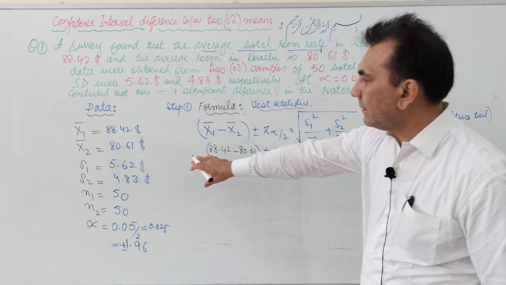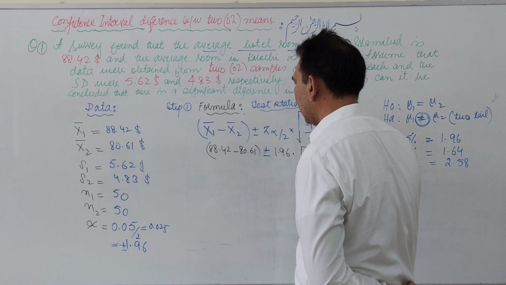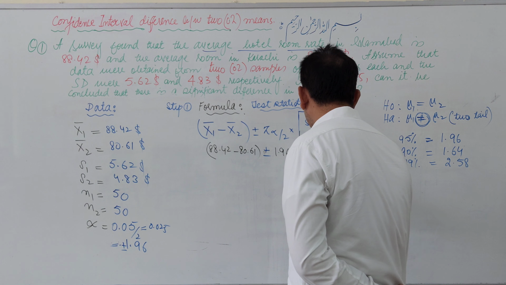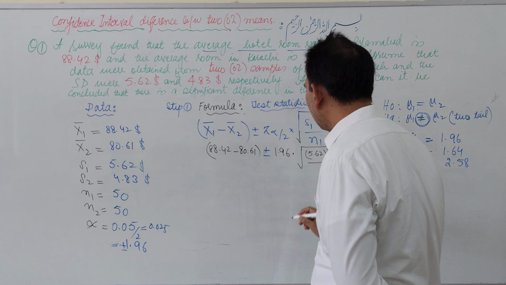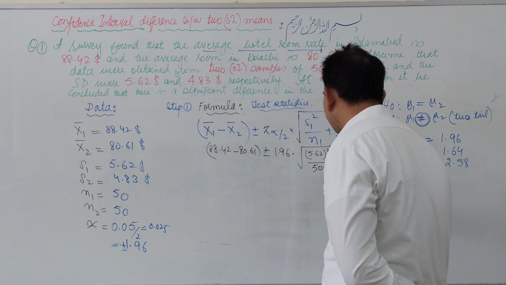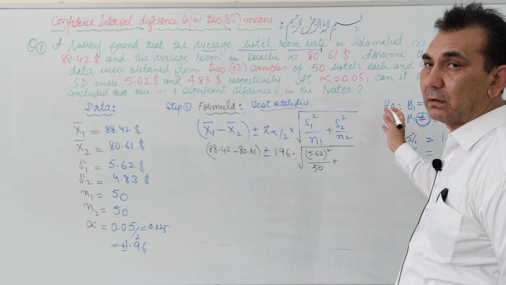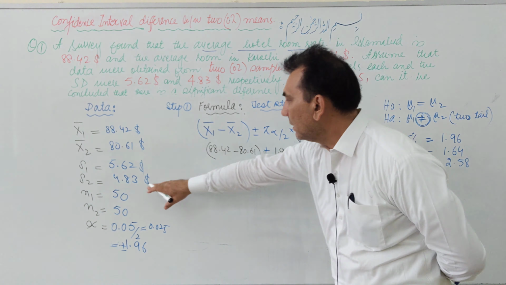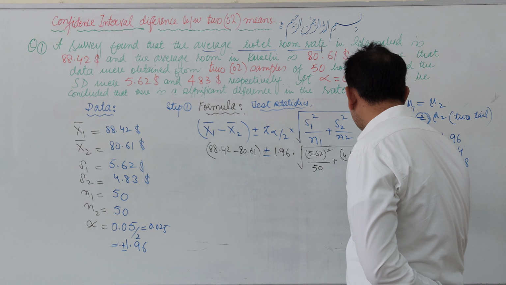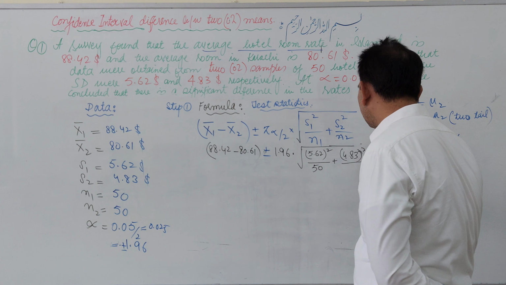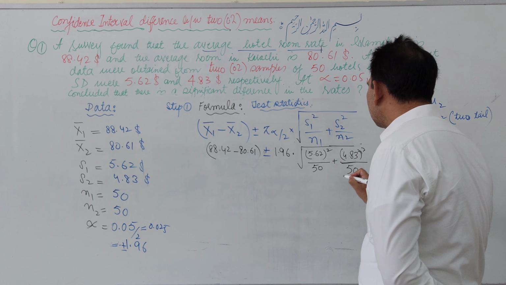What is the standard deviation for sample 1, the Islamabad room rate? It is 5.62. We take 5.62 squared and divide by the sample size, which is 50. Plus the standard deviation for the average room rate of Karachi, which is 4.83 dollars, squared, and then divided by the sample size 50.